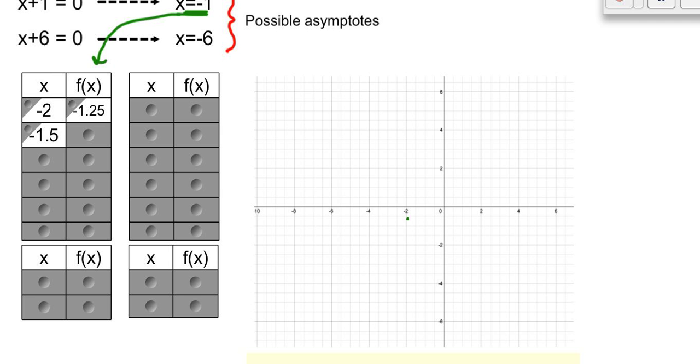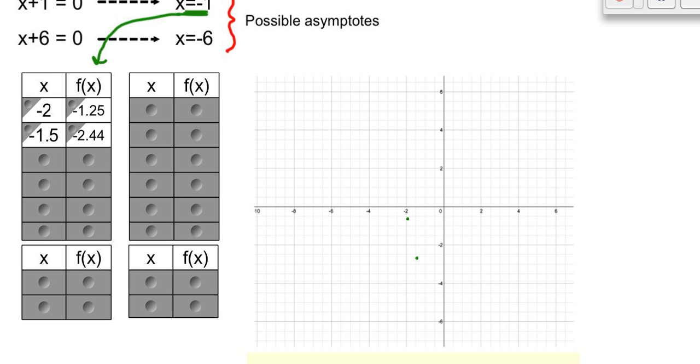At x is -1.5, our y value is -2.44. So as I'm getting closer to my point of discontinuity, it seems like it's going down. Let's see if that continues to happen.